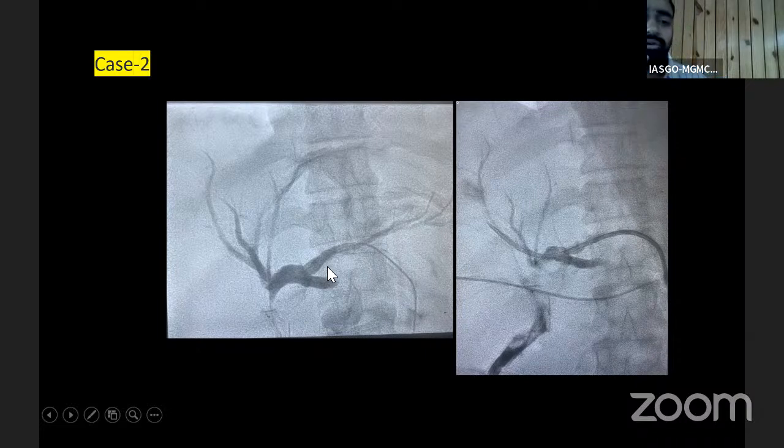Here you can see only the left and right anterior systems are delineated, but not the right posterior. So there is a high level CBD injury. We decided to do the right posterior PTBD also. And in the second, later image, there is a contrast leak which is going to the surgically placed drain.